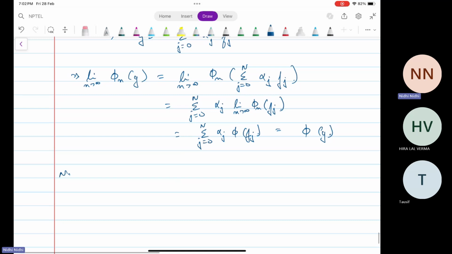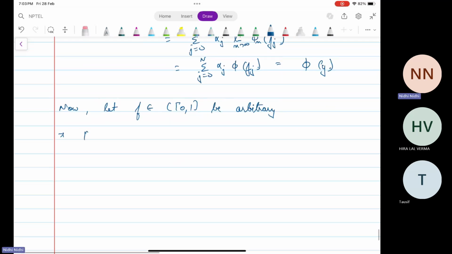Now let f belonging to C01 be arbitrary. So by Weierstrass theorem, we know that in every delta neighborhood of f, we can find a polynomial g.